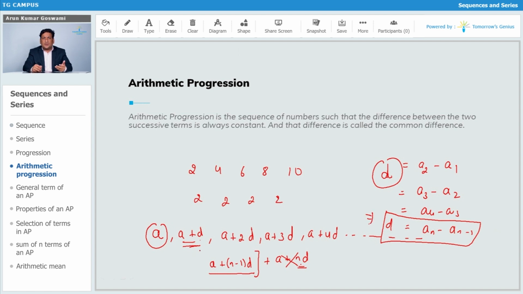This is my AP, the arithmetic progression series, and under the AP we can have many different series. So remember that A is my first term, D is my common difference.